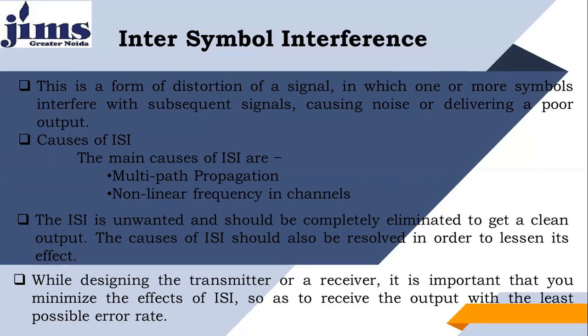In the same way that bits 1 and 0 have their own bit period, when you convert 1 0 into symbols, each symbol also has its own symbol period. So in digital communication you convert a 1 0 string into a string of symbols.